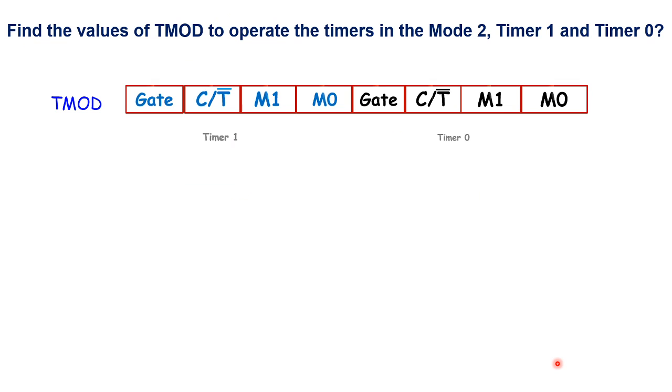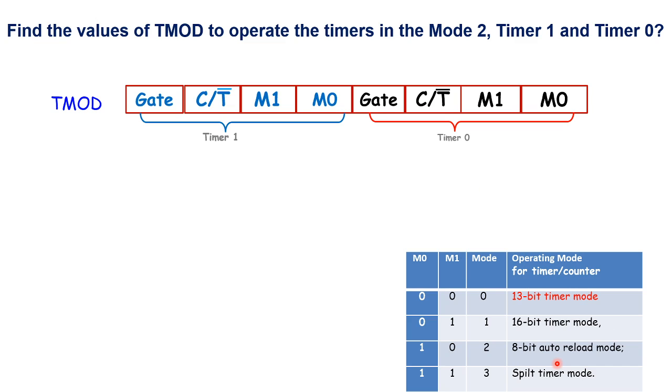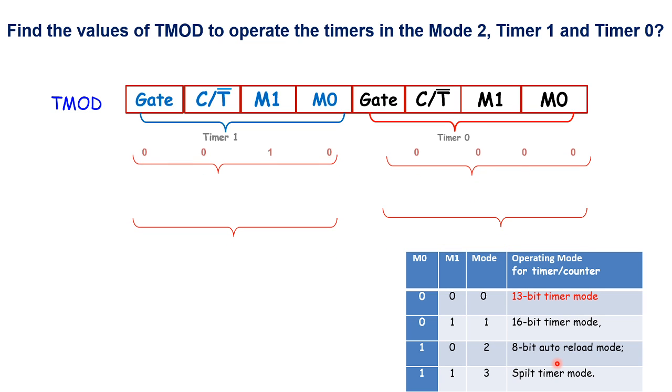To find the values of the TMOD register to operate the timer in mode 2, for timer 1 and timer 0, it is like this. As we know, when we want to use timer 1 in mode 2, then this bit will be 8-bit auto reload mode, and C/T bar is equal to 0, gate is also 0.